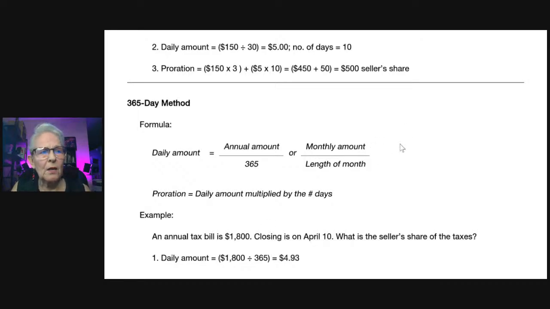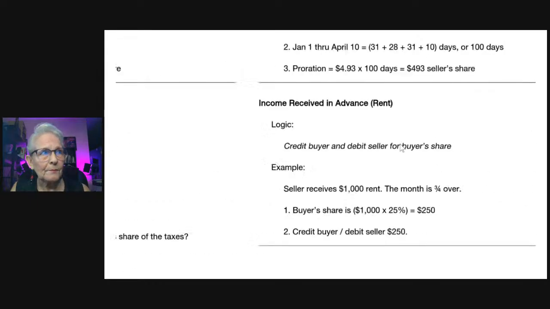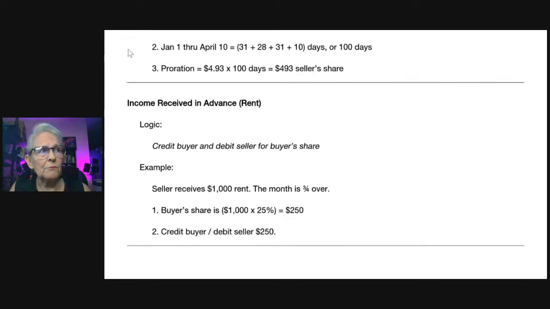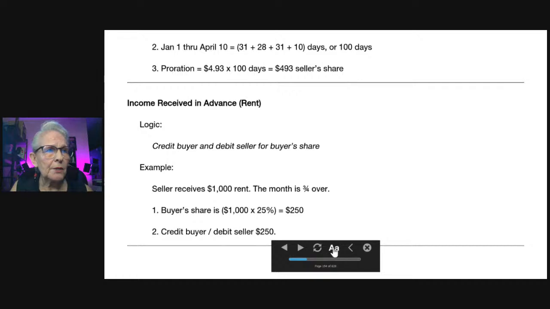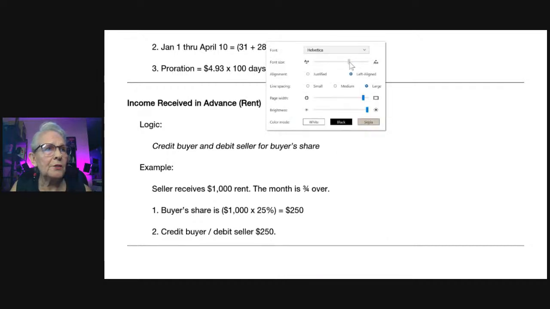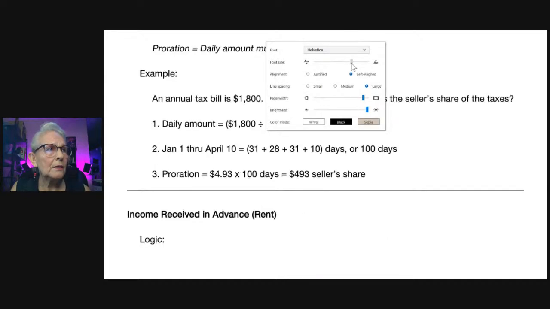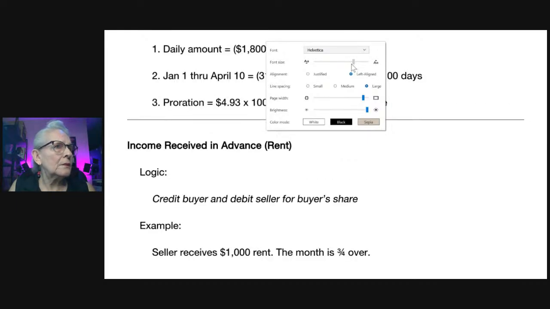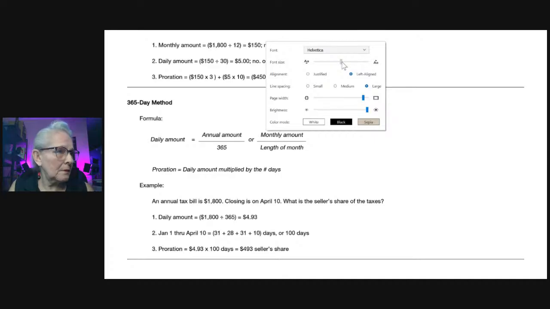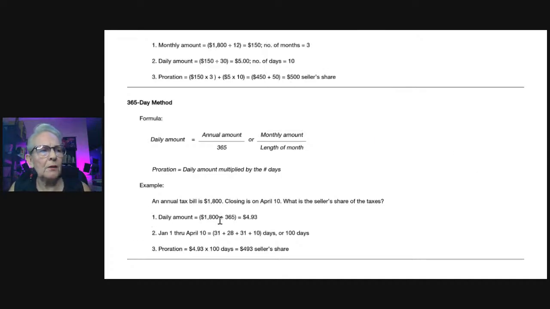So the daily amount is $4.93. So now we go from January. Let me try to put it all on one page. Again, the daily amount, 1,800 divided by 365 days equals $4.93.